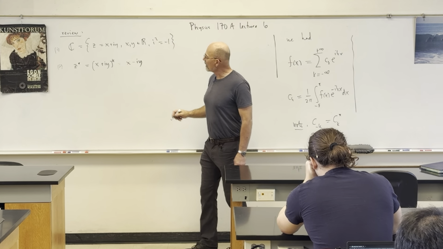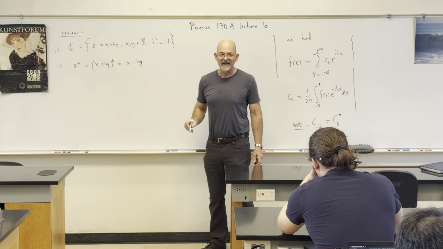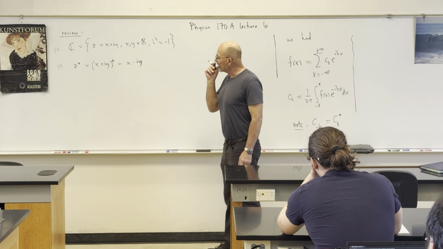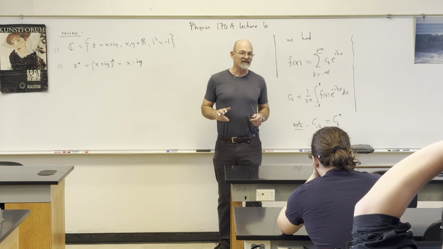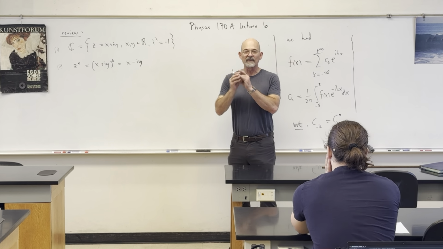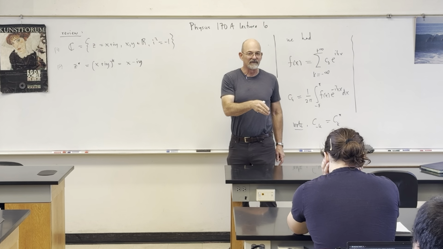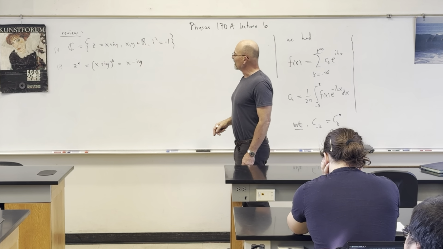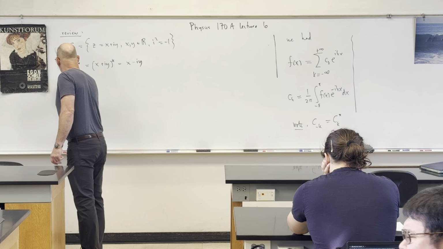For complex conjugation, you're just replacing i with negative i. The reason this also holds true in, say, e to the ix, is that e to the ix is actually a series expansion, and you can replace i with minus i in every term of that series. So that works.